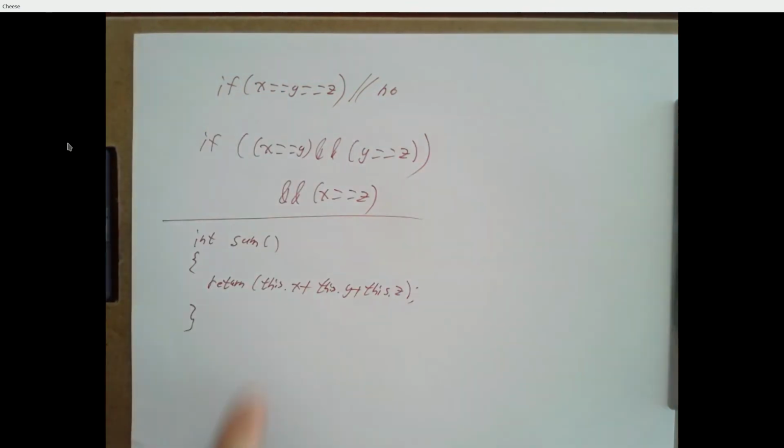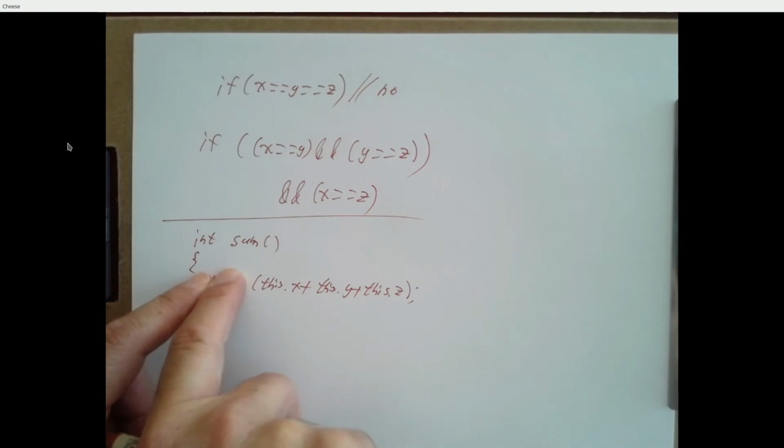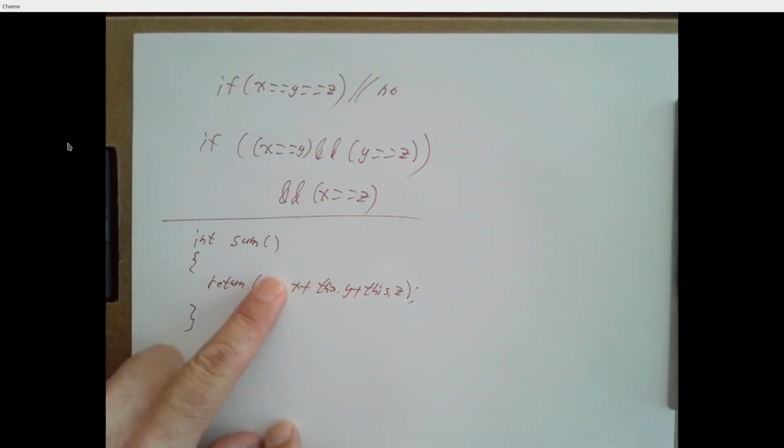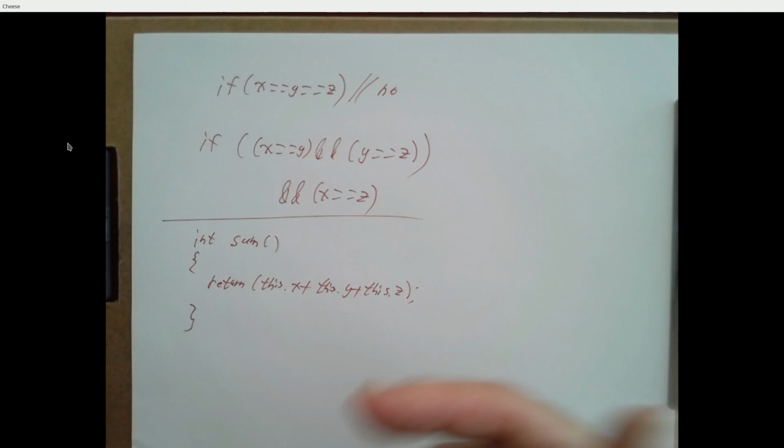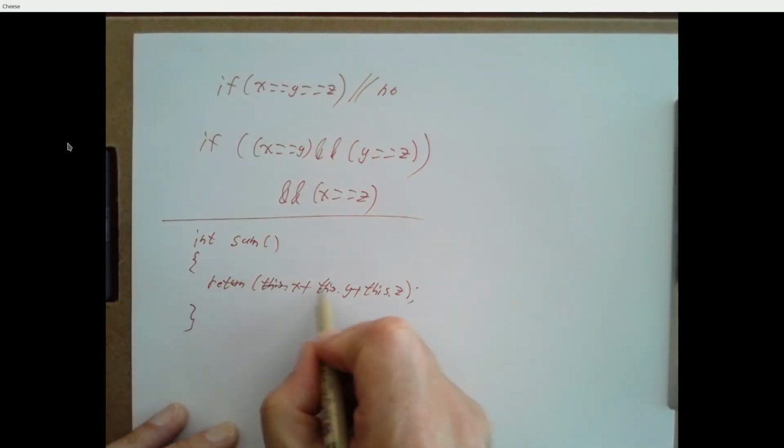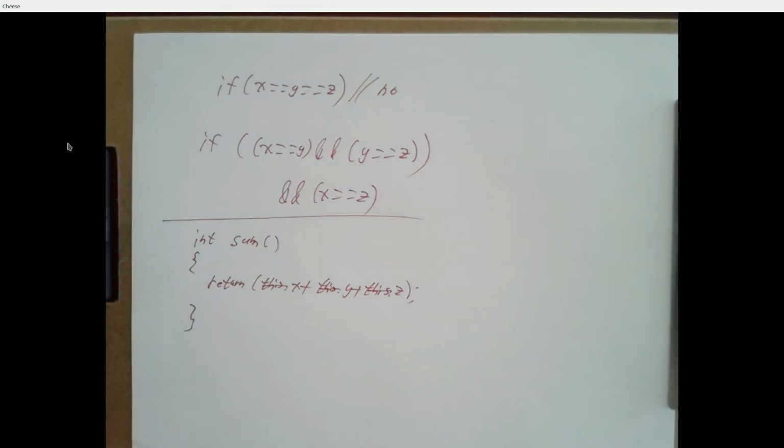Unless I have a local variable x declared in here, x by itself means the same thing as this dot x. So I would avoid doing that unless you think somehow it's going to make it really clear. And if it does, then it's probably because I picked really bad variable names like x, y, z that are extremely generic.